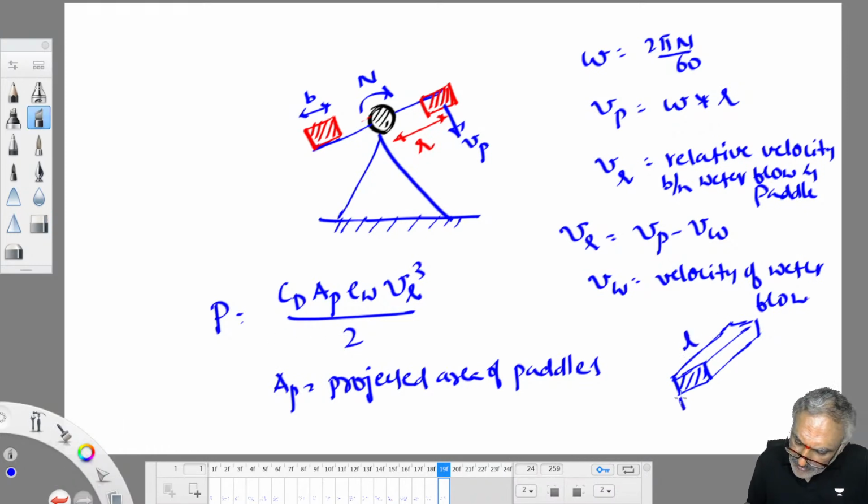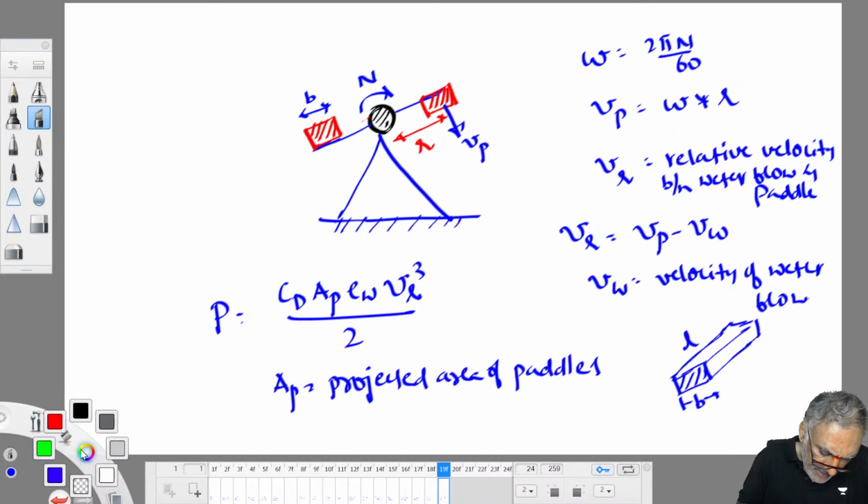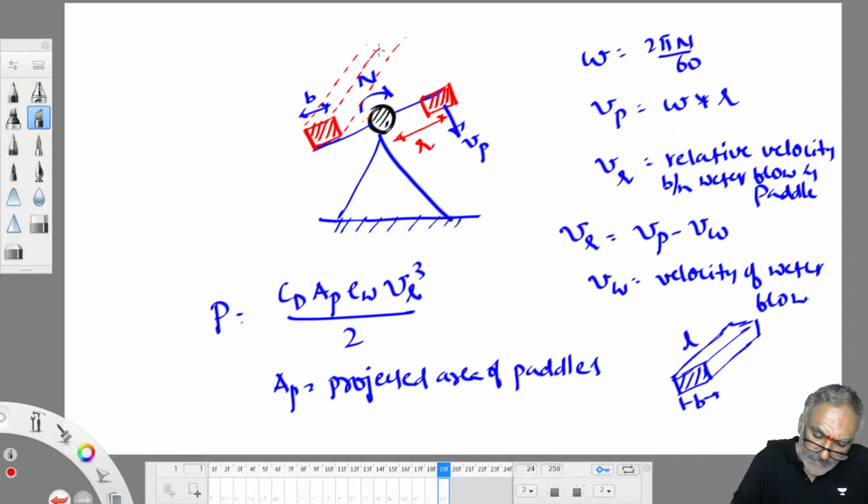This is the length of the paddle. This is the width of the paddle. What you can see is the width only. This paddle is extended along the width of the tank like this. So the length of the paddle is in this direction. So the projected area of a paddle is equal to L into B.